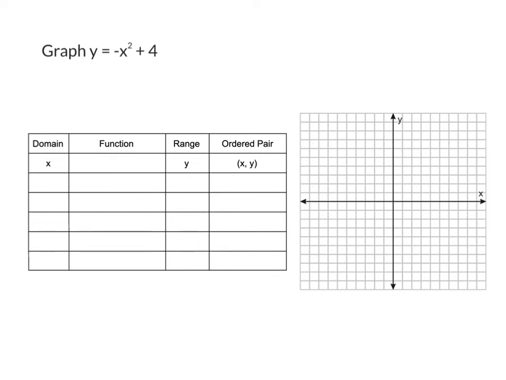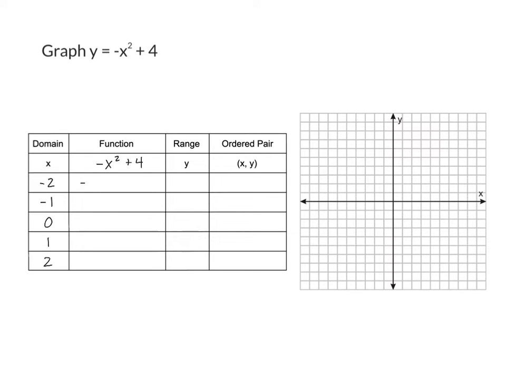Okay, let's try this next function, y equals -x squared plus 4. We already have our table set up for us, so for the function, write -x squared plus 4. We're going to use those same values, -2, -1, 0, 1, and 2. We can substitute in our -2 into the function.